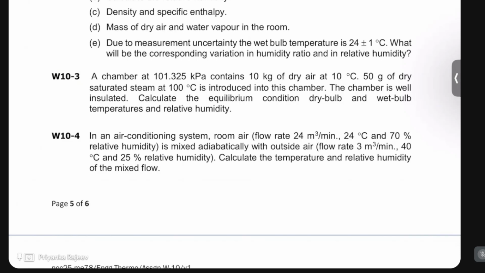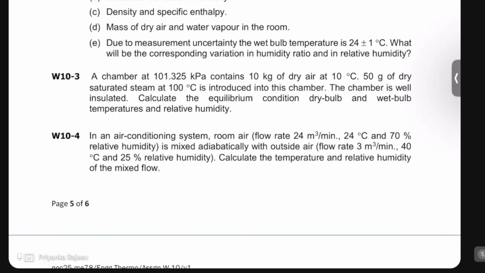Then at 100 degree, steam is a saturated vapor. So enthalpy, so the pressure given is atmospheric pressure. That is why I'm saying it is saturated vapor. The enthalpy of steam, we can get it from the chart, and the process is adiabatic, so Q equal to 0.